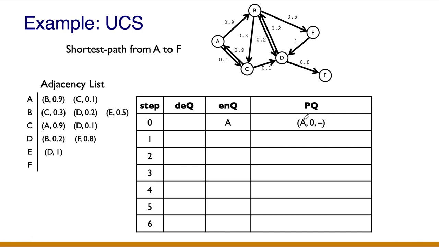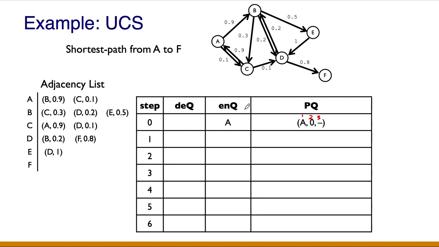Previously, we were only storing the node label because that's the only information we need to know. But in the UCS, we need the node label, but we also need to store the cost that has been experienced so far, and the node leading to the current candidate node with the lowest cost.